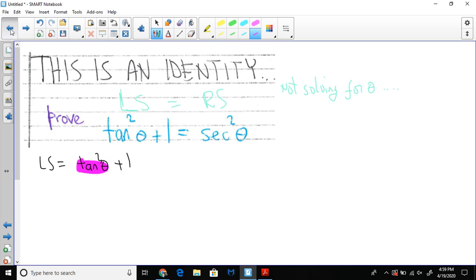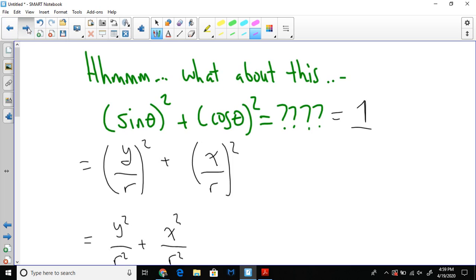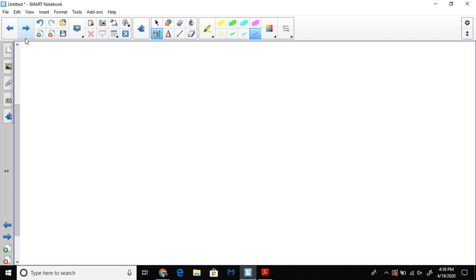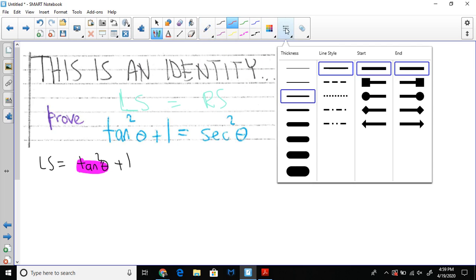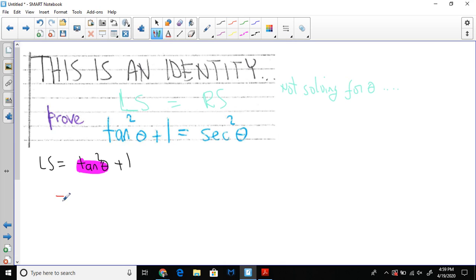What's tan? Anyways, tan is sine over cos. So I'm going to change tangent to sine over cos. Notice this is tan squared, so I'm going to write it like this: sine theta over cos theta, squared, plus 1.